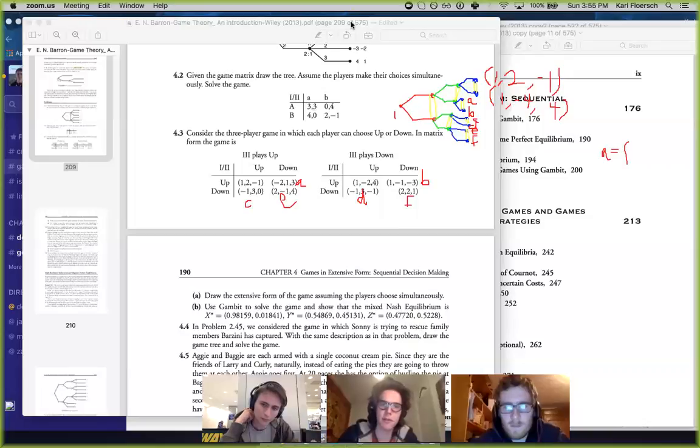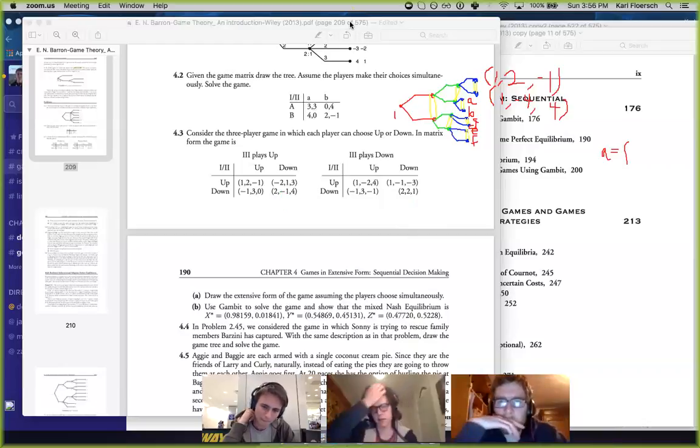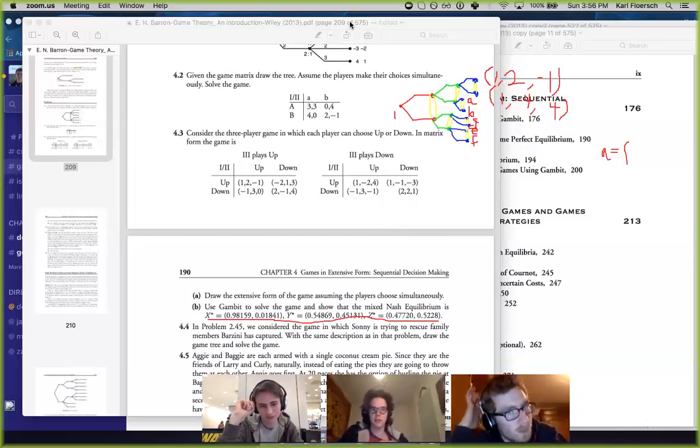I don't think we can use that backwards recursion tactic. But we can still consider the matrix and see what the Nash equilibrium is. It looks like it's going to be a long, difficult journey, in mixed strategies.